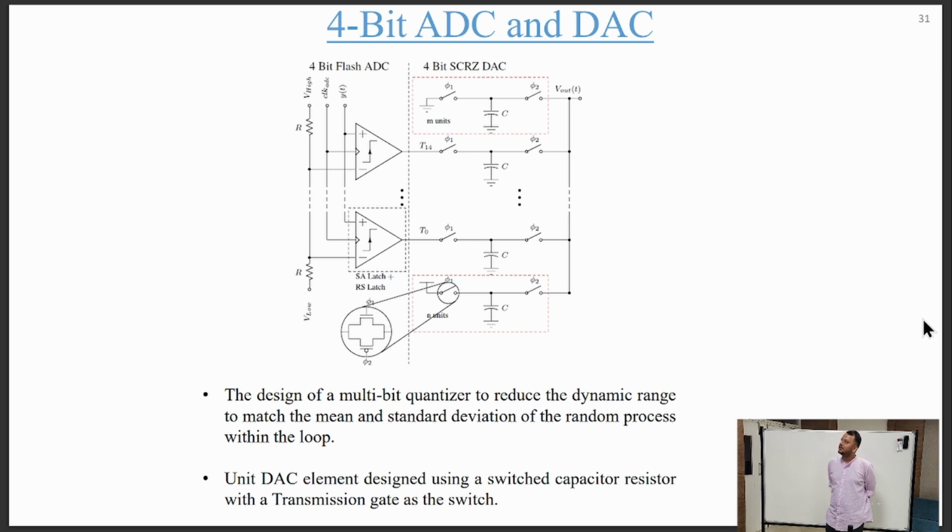For the flash ADC it is easy to bias, but for the DAC we use always-on and always-off unit DAC elements, and through that we can move the window, so the average value will change, and a little bit of bias can also be adjusted by selecting the MMM value.